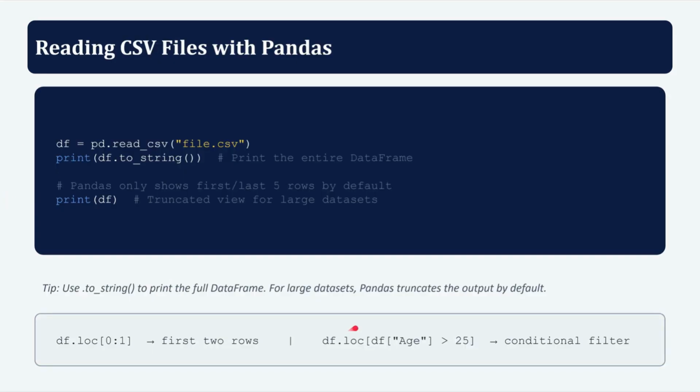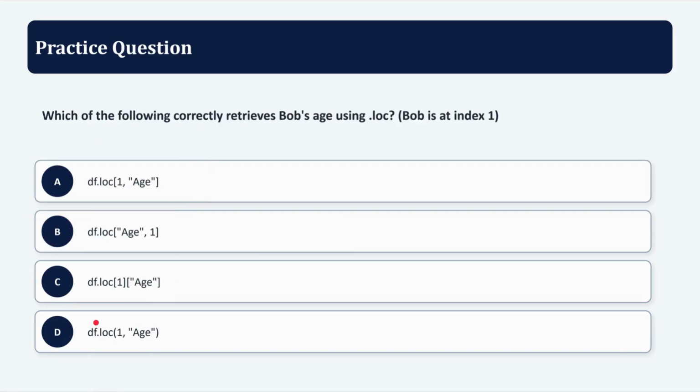Oh, here. So data frame location. So we can put in all the points in the data frame, age, where it's less than 25. So that's a conditional filter. Or we can just get the first two rows. So that's sort of what it is.